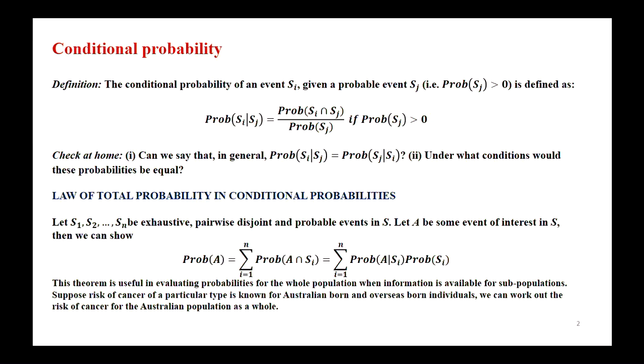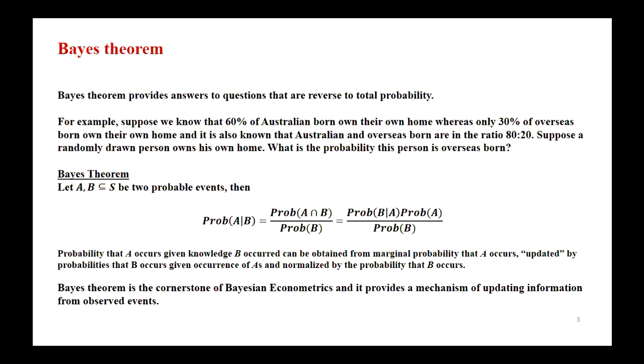Okay, a very important theorem in statistics, which many of you have probably encountered before, is Bayes' theorem. It is fundamentally important. Indeed, it forms the basis for an entire branch of statistics called Bayesian statistics. In a sense, it provides answers to questions that are the reverse of total probability.